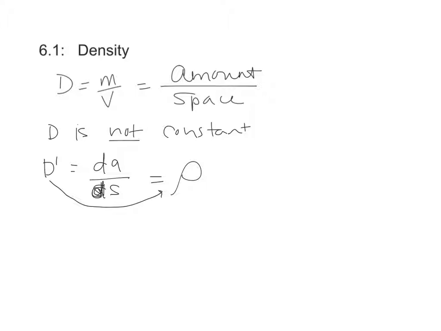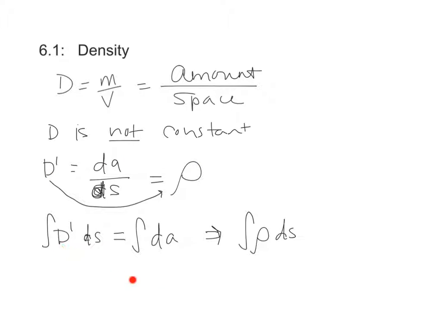Now, if we integrate A prime, then that means we're integrating by space. So we bring that differential here up to the A prime, and we integrate A prime with respect to space. That means we then have the integral of the change in area. And if we do that, we can rewrite this as the integral of rho ds, because we've shown that A prime is the same as rho, so I change A prime to rho.